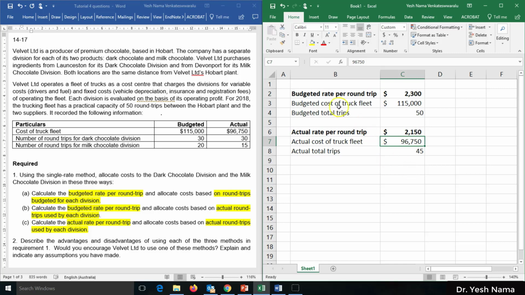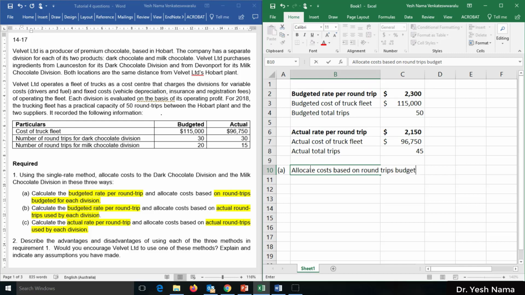Okay, so we've got the necessary information now to allocate costs as per the three different ways required in part 1. So part A requires us to allocate costs based on round trips budgeted for each division.